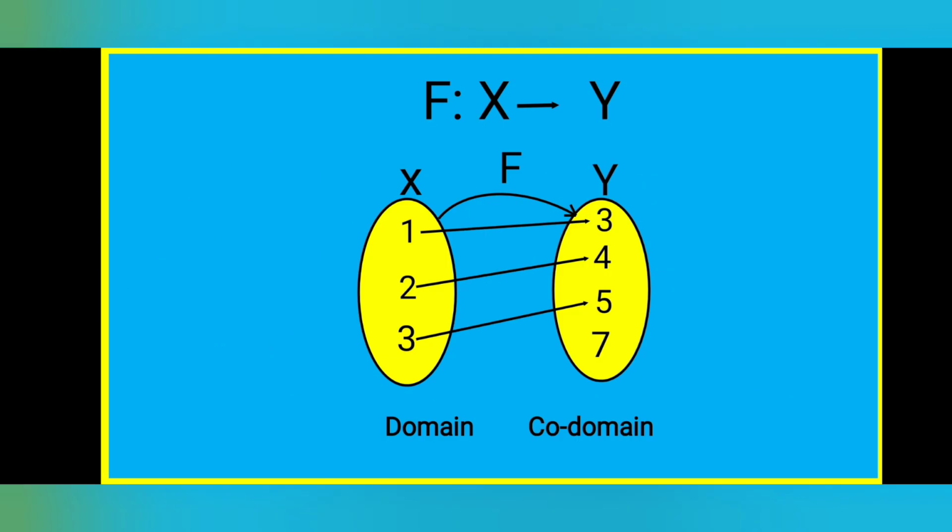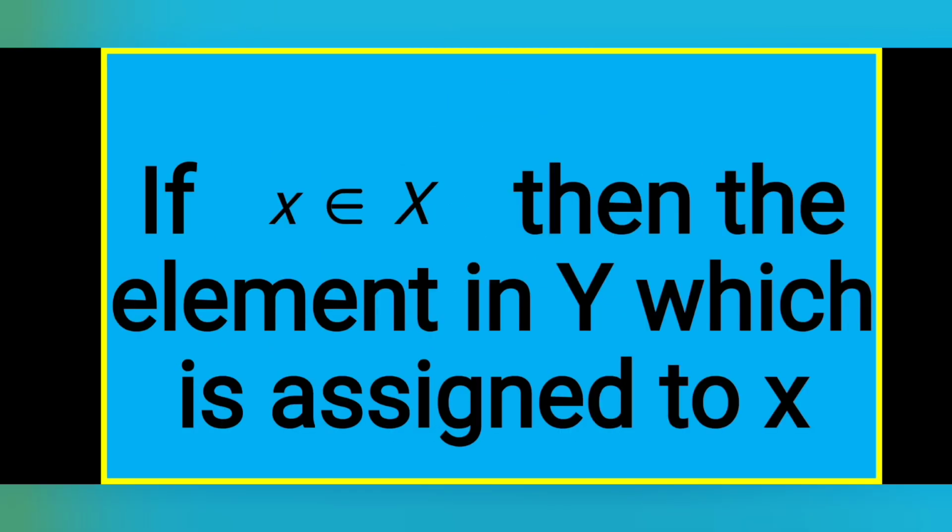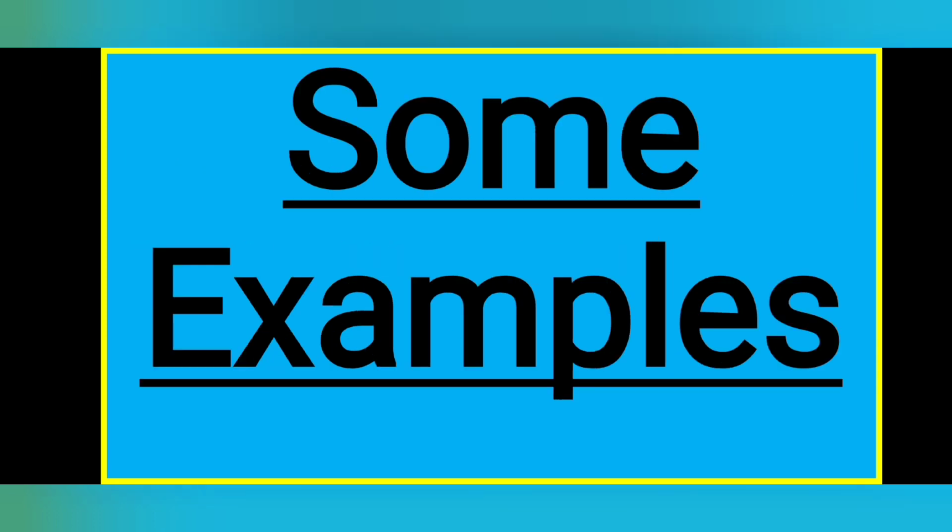It's clearly shown in the diagram here. If an element x belongs to the set X, then the element in set Y which is assigned to x is called the image of x, and we denote this image by f of x.